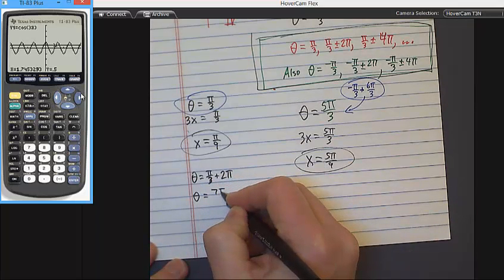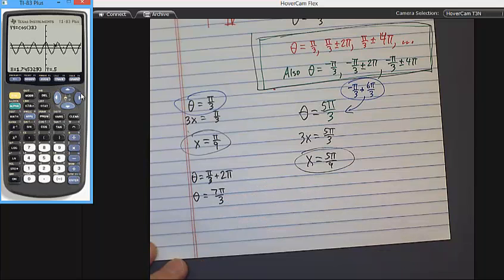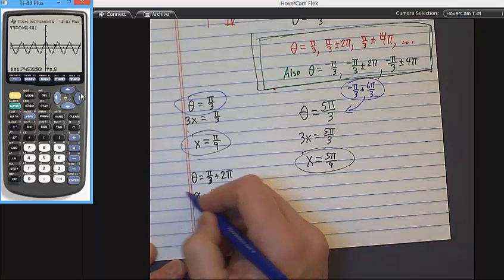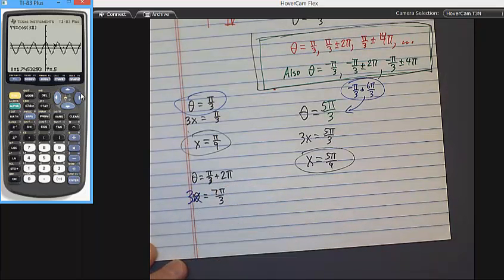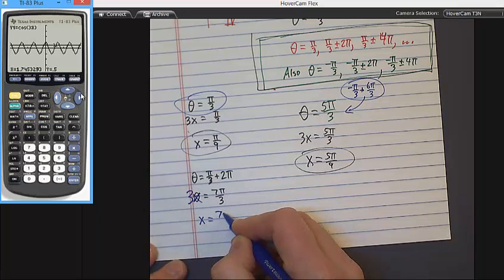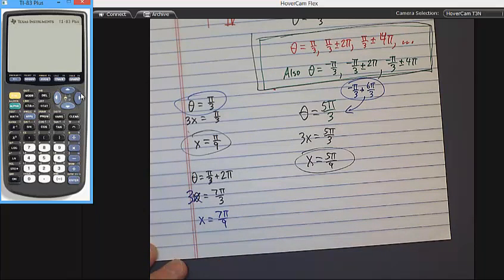But remember what theta is. Theta is not in terms of x's. It's 3x is 7 pi over 3. So what does x equal? 7 pi over 9. Is that answer between 0 and 2 pi? 7 pi over 9. Actually, it's less than pi, right?